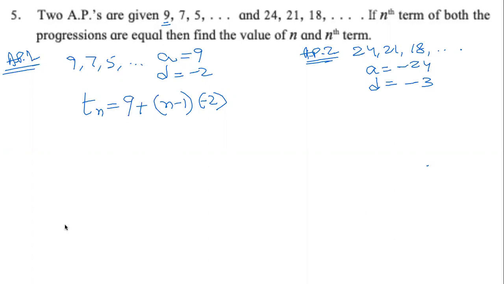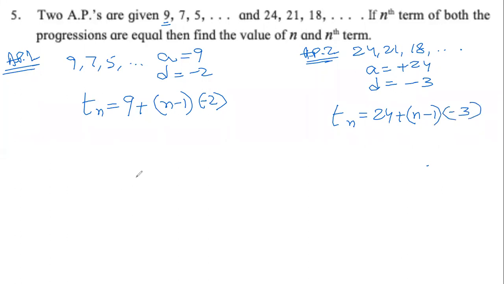Using the same logic, now tell me what will be the nth term for the second AP? 24 plus n minus 1 into minus 3.